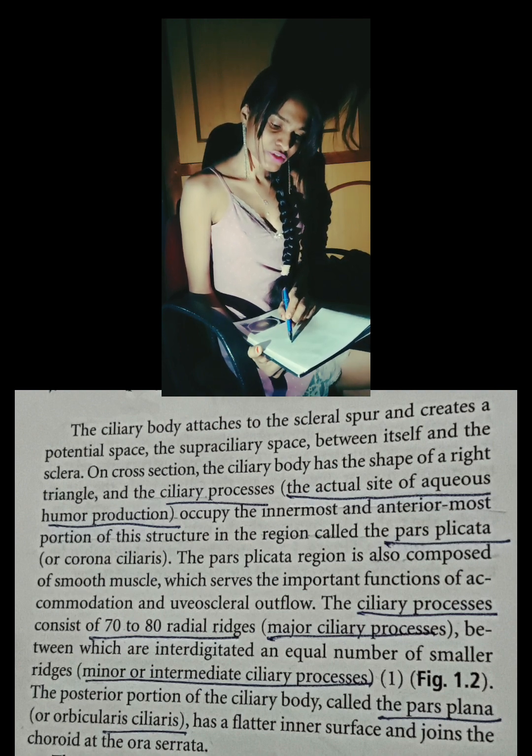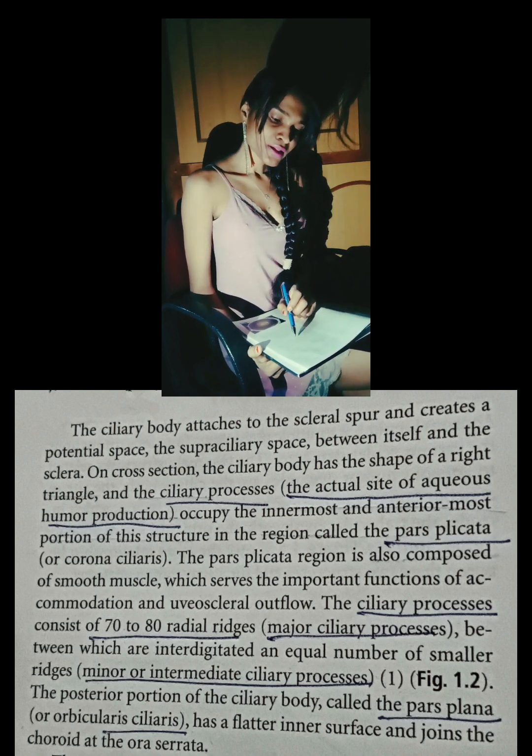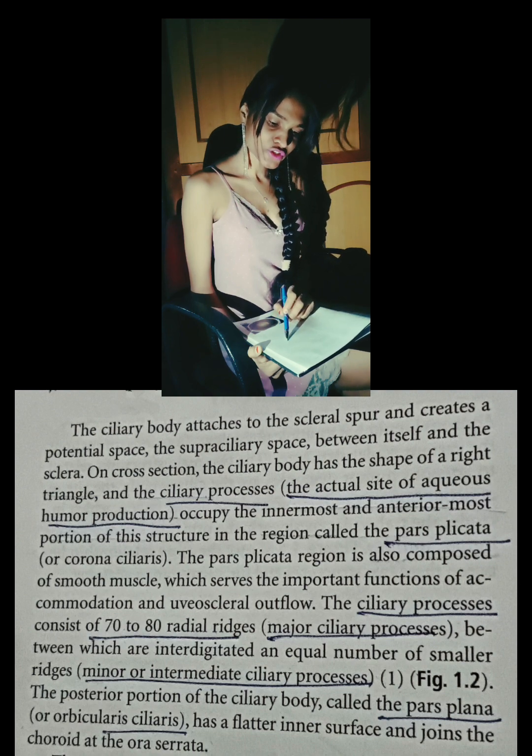On cross section, the ciliary body has the shape of a right triangle, and the ciliary processes, the actual site of aqueous humor production, occupy the innermost and anteriormost portion of the structure in the region called the pars plicata or corona ciliaris.